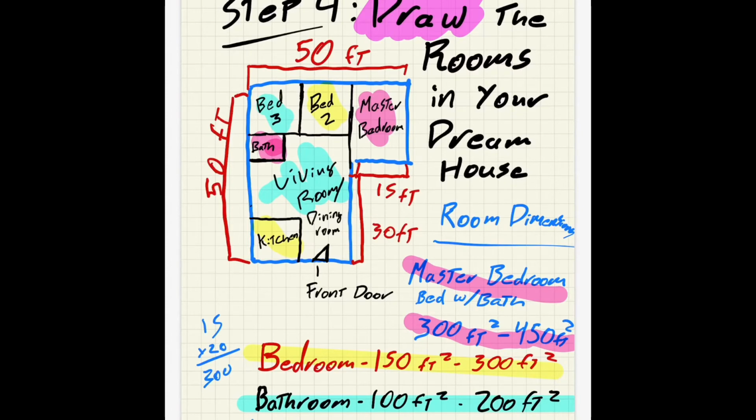And your living room is typically going to be your largest area, about 300 to 600 square feet. These are just guidelines. You do not have to follow them exactly. But if you need help, these are just some ideas and suggestions. So step 4, you're going to draw your rooms.